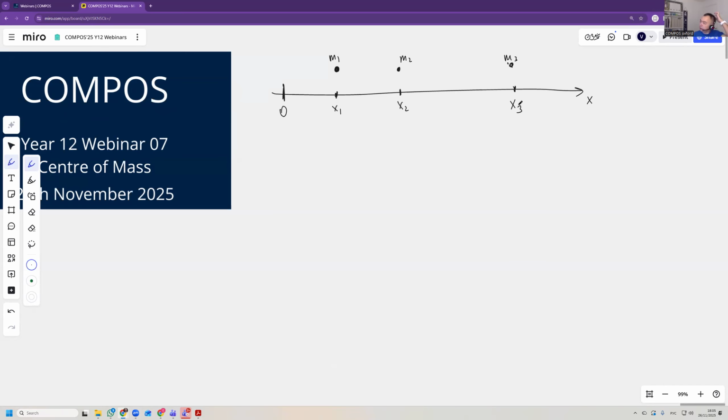So we're doing only the one-dimensional case, just looking at three masses in 1D, right?